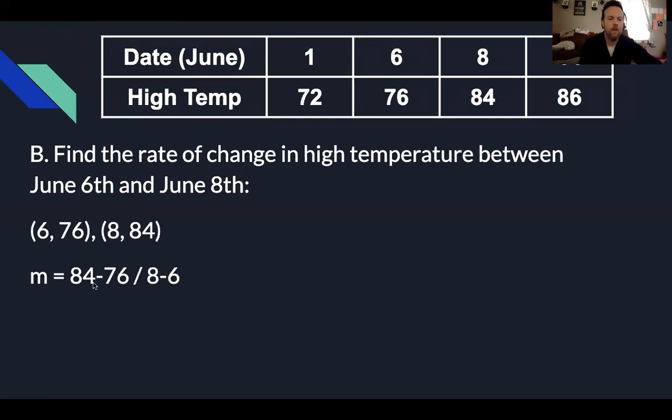So I have 84 degrees minus 76 degrees over 8 days minus 6 days, giving me 8 over 2, or 4 degrees per day. So previously we grew by 0.8 degrees per day, and then between the 6th and the 8th, there must have been a heat wave, and it jumped to 4 degrees per day.